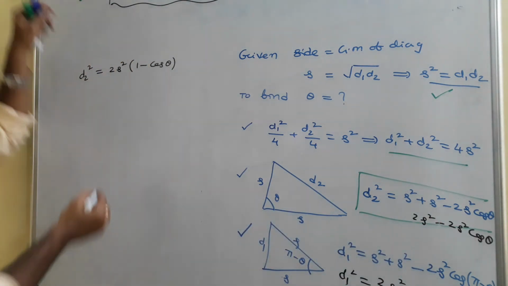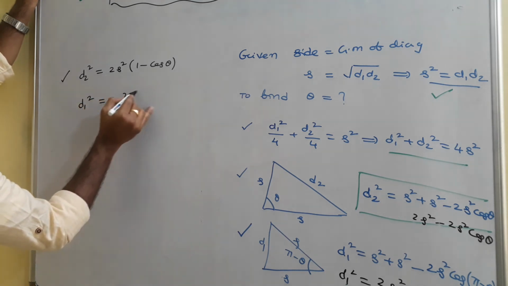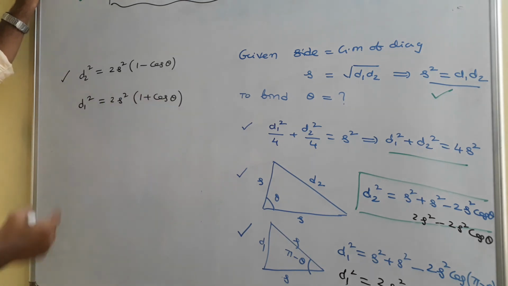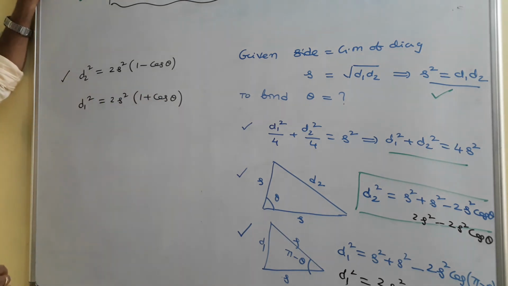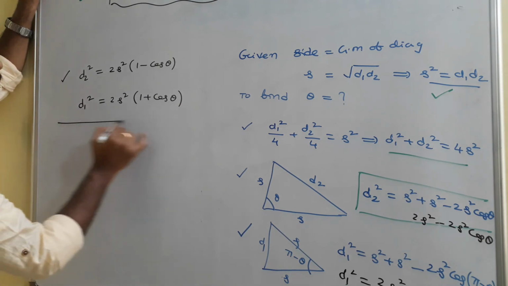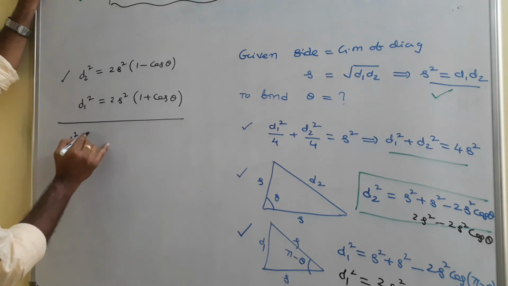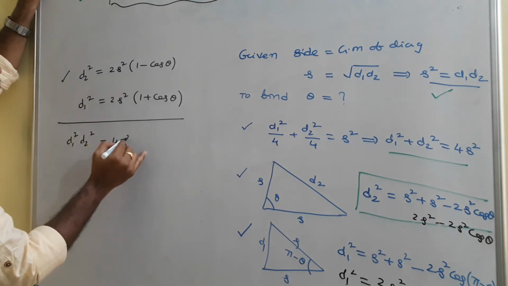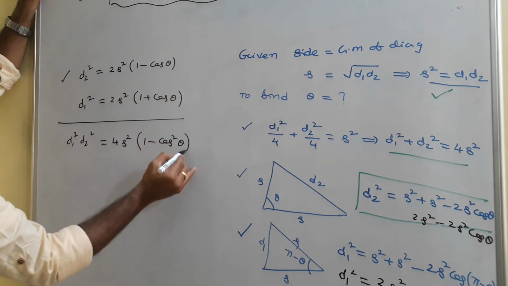And from here, d1 square is equal to, taking out 2s square, 2s square of 1 plus cos theta. Now my idea is just to multiply these two. If you multiply these two, d1 square into d2 square is equal to 2s square into 2s square, which is 4s square, into 1 minus cos square theta.